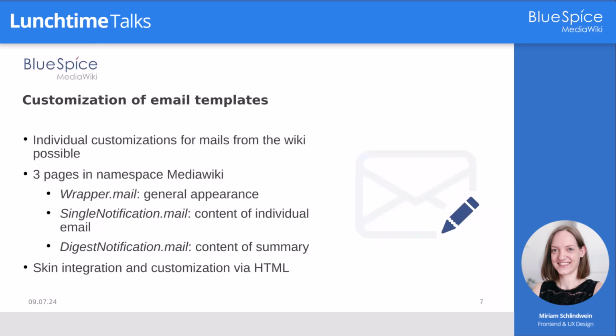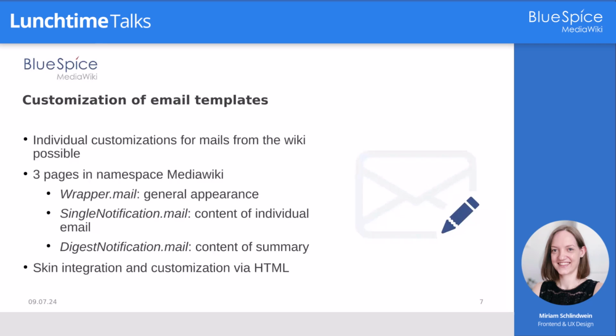Or you want to have a summary of events daily or weekly, then the content of the digest notification.mail page is used. And you now have the freedom to rearrange that to your needs and can add different texts or change the text. You can change how it should look.